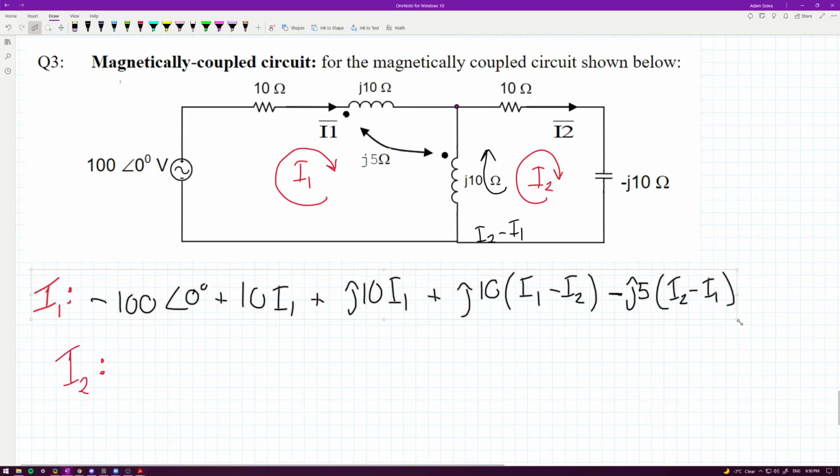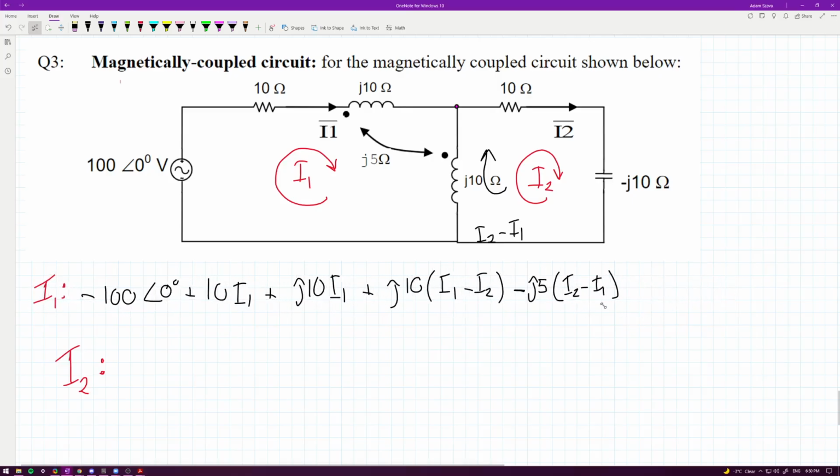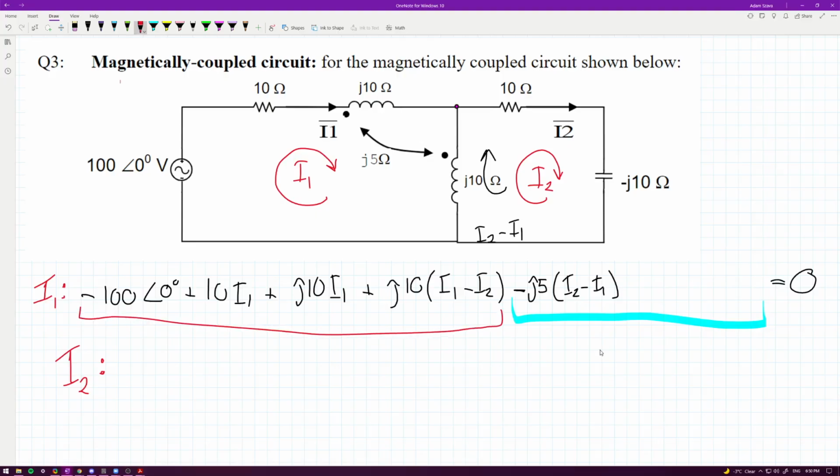So I will highlight everything to make sure that we get everything right. I'm going to highlight what's the mutual stuff. This is the mutual stuff. We're going to have an extra mutual term here. I'll explain that in a second. Equals 0. And here, this is all totally normal KVL stuff that we're creating here. So that is just KVL.